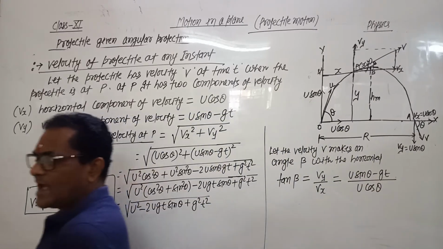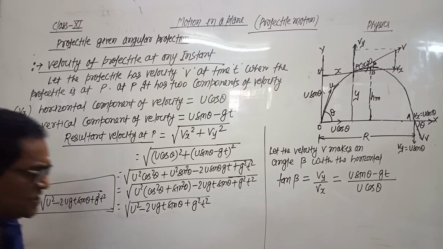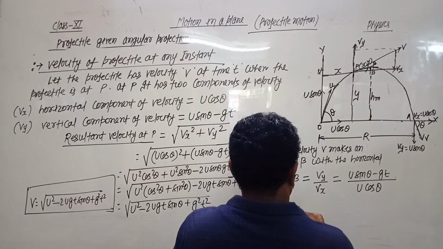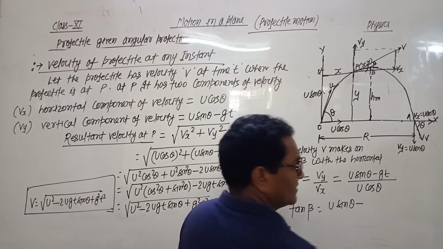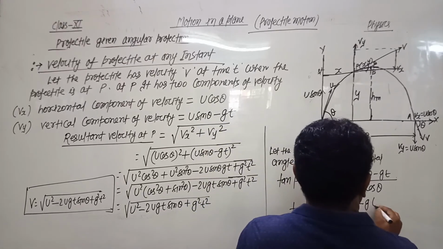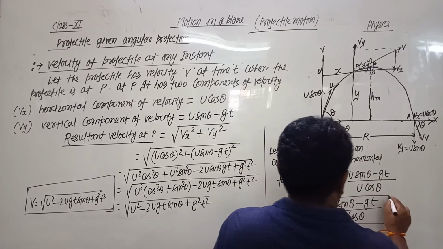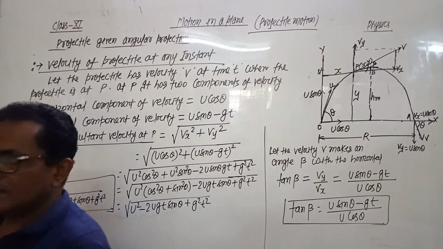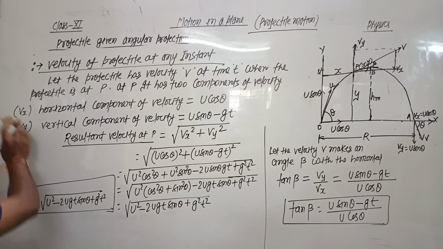So tan beta equals u sin theta minus gt upon u cos theta. This is the expression for the direction of the velocity, which makes an angle beta with the horizontal at any instant.